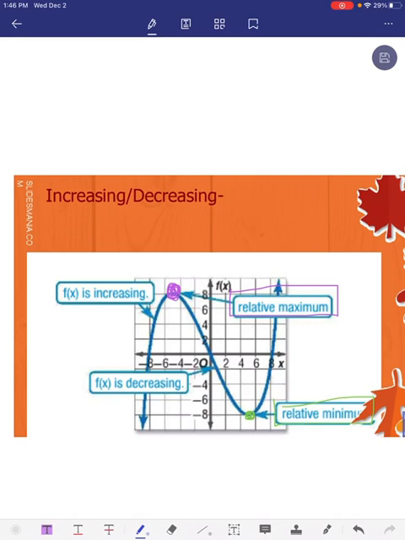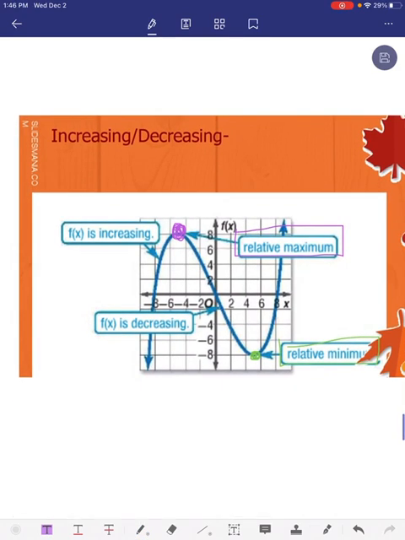Sometimes we could be going up faster, sometimes slower, and that depends on which part of the graph you're looking at. So you need to be careful that we can't talk about slope, but what we can talk about instead is if it's increasing or decreasing.